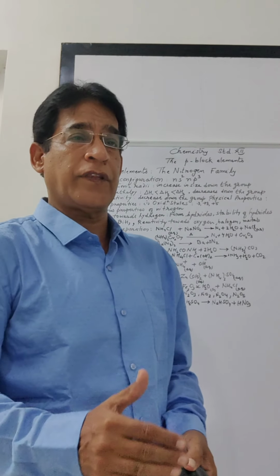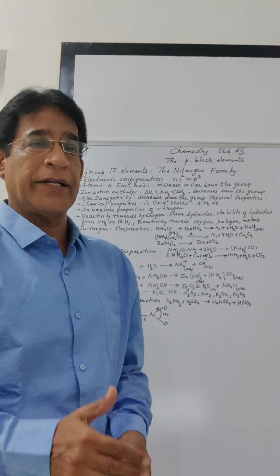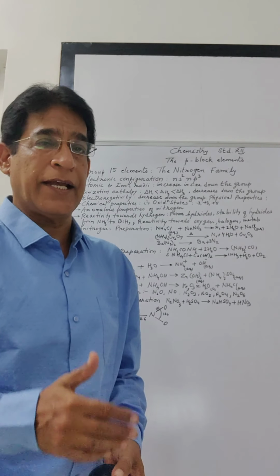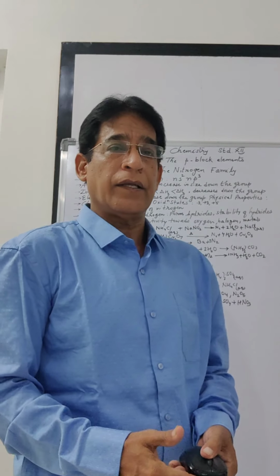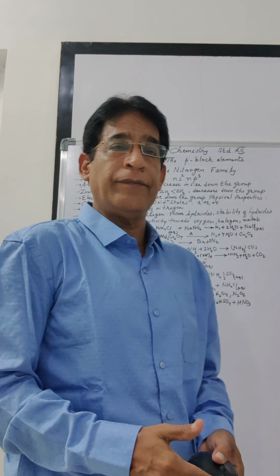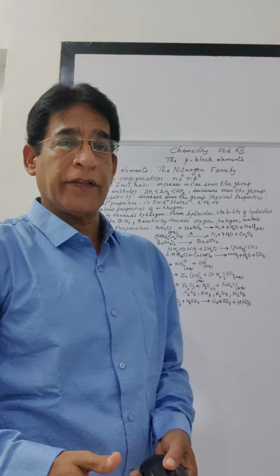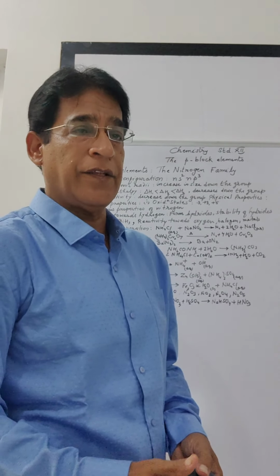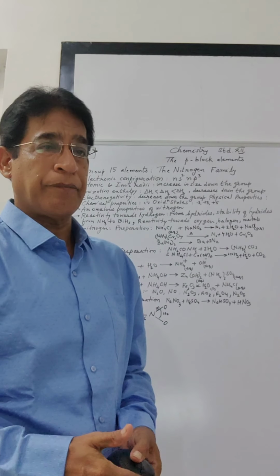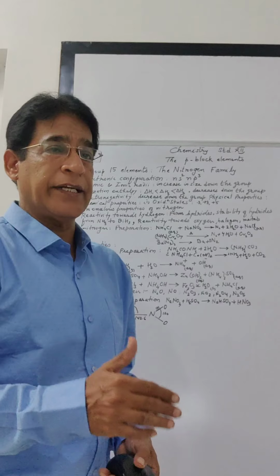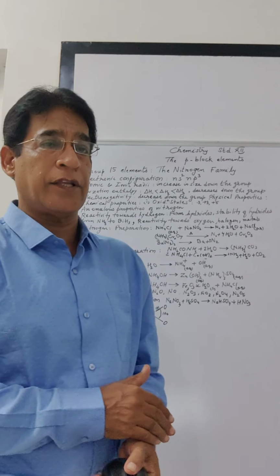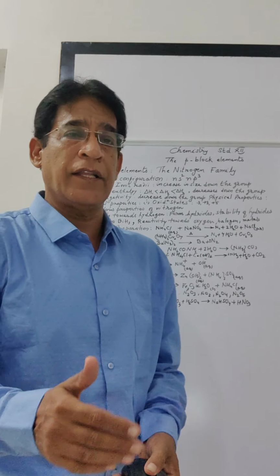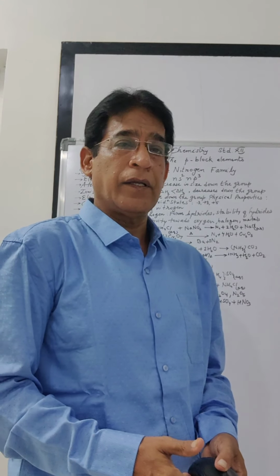Nitrogen and phosphorus are non-metals, arsenic and antimony are metalloids, and bismuth is a metal. This is due to decrease in ionization enthalpy and increase in atomic size.